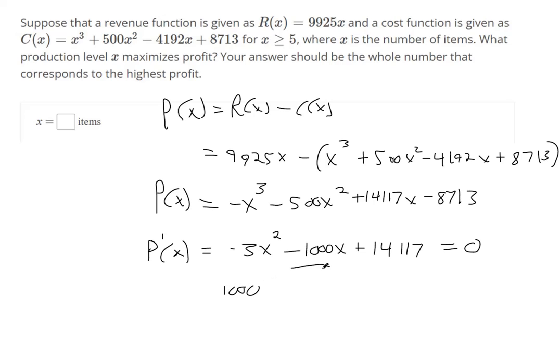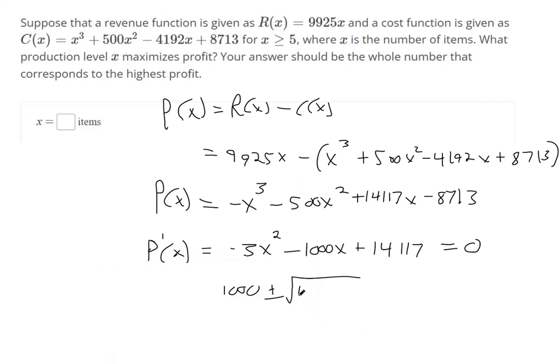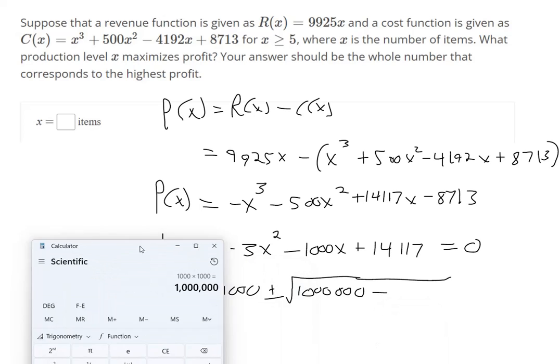So it's negative b plus or minus the square root of b squared. So I'm going to square negative 1,000. A number times itself is always positive. So that's 1,000,000 in here. And just make sure to Google a quick video on using the quadratic formula if you need some refresher on that.